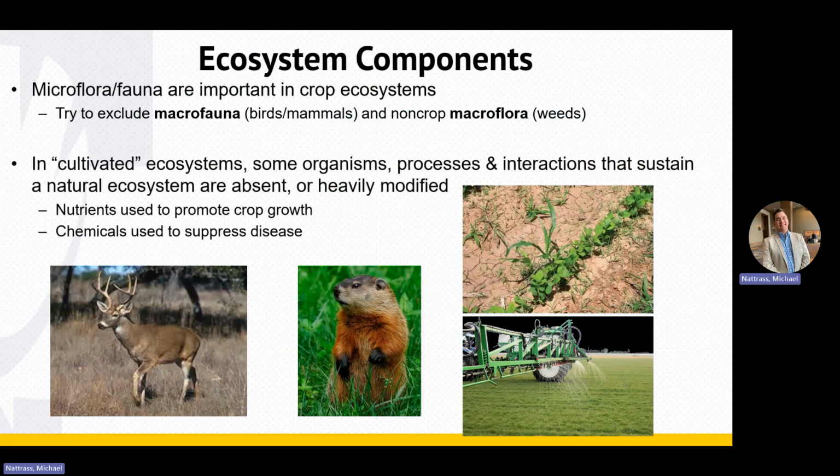So, in our cultivated systems, we're going to need to sustain that. The processes and interactions in a natural ecosystem are either absent or heavily modified, in that we've taken this ecosystem.